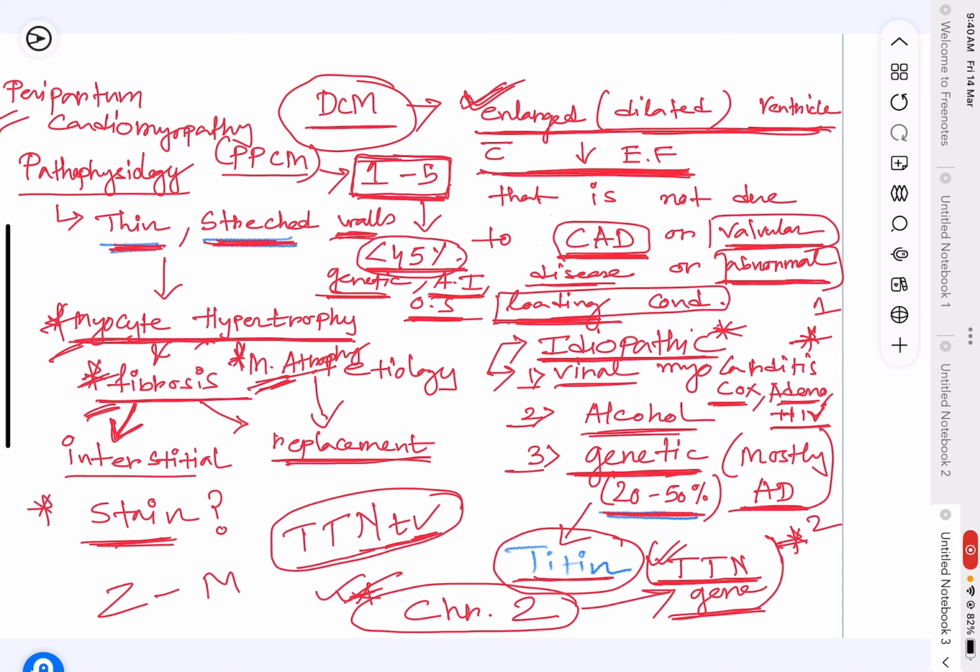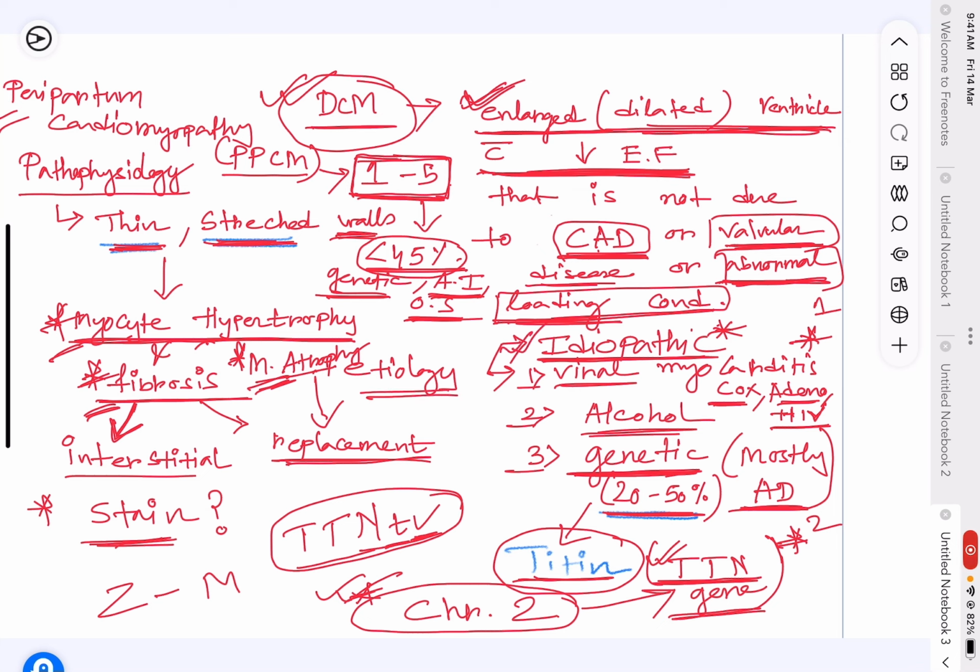If there is coronary disease or valvular heart disease or abnormal loading condition, then it is not a primary DCM, it is a secondary DCM. In secondary DCM, we have a primary cause which leads to DCM. So DCM, which we discuss as a cardiomyopathy, is a primary condition which is an enlarged dilated left ventricle with decreased ejection fraction, which is not due to CAD, coronary artery disease, or other conditions like valvular heart disease or abnormal loading conditions.